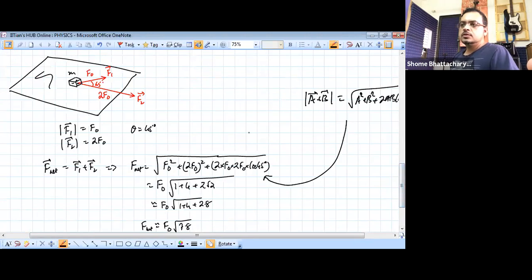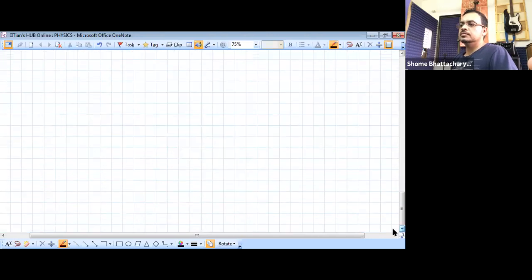Okay. Now see, I could have also done this question by using component algebra. I could have taken this as my x-axis. I could have taken the perpendicular direction to this as my y-axis. I could have solved the problem this way. That we have done by component method.